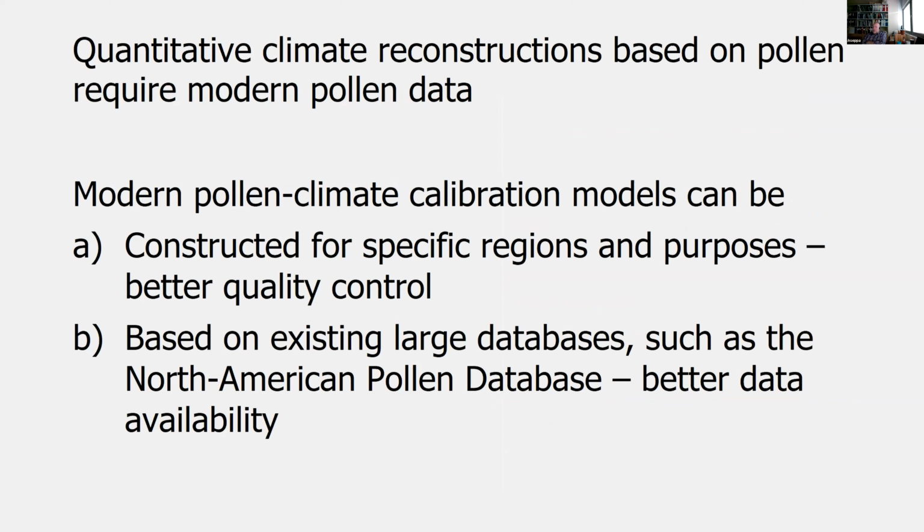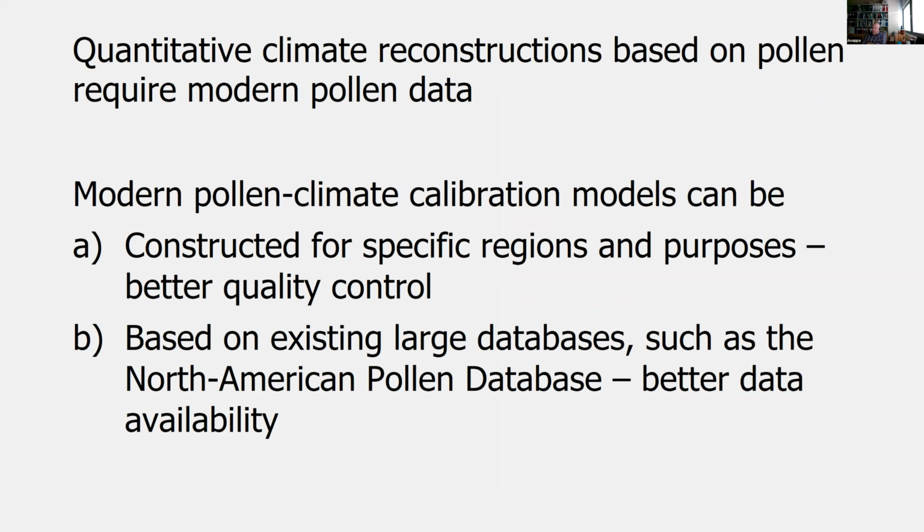But the fact is that quantitative climate reconstruction from pollen always requires modern pollen data. And that's where the pollen databases become critical. To make climate reconstructions from pollen, we have two possibilities.